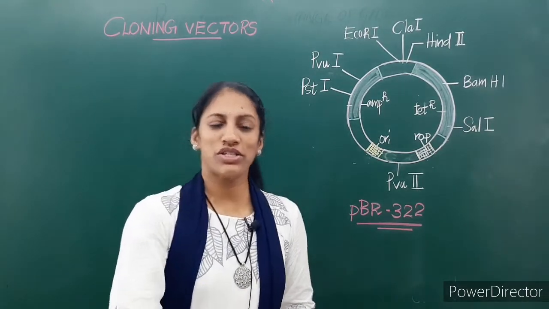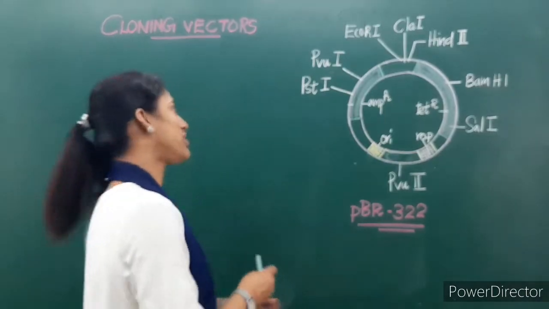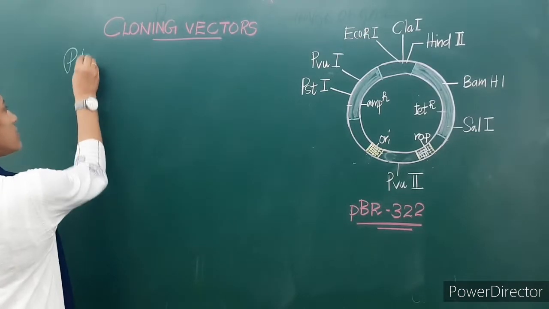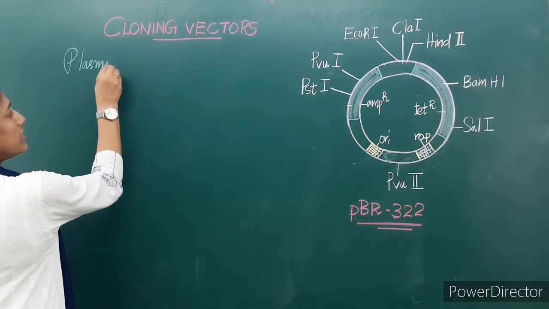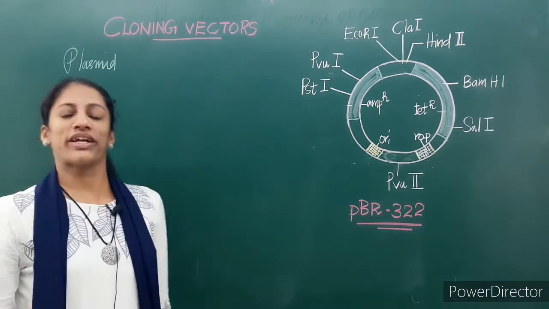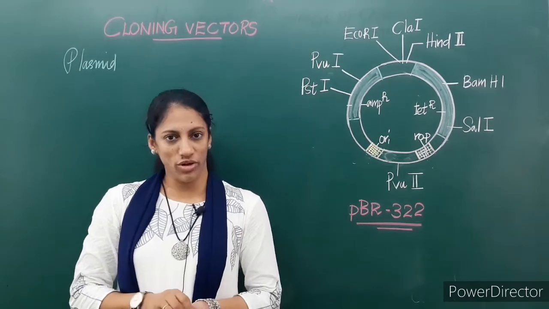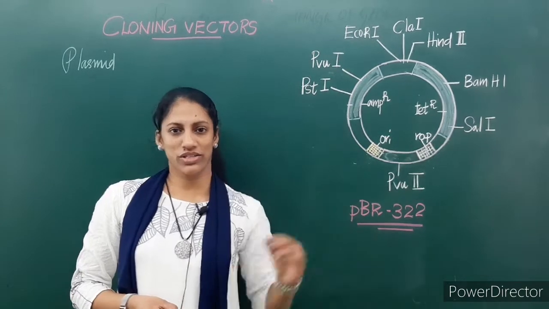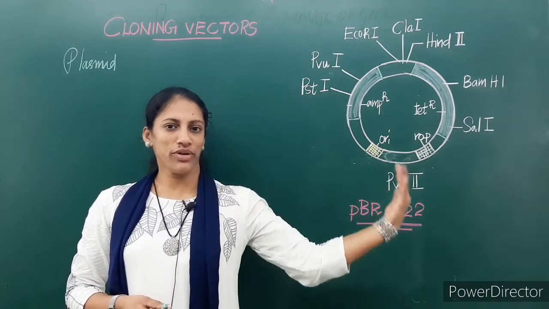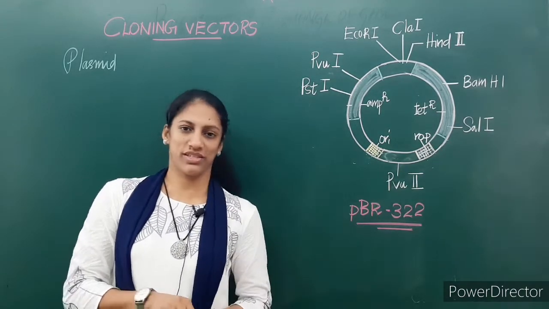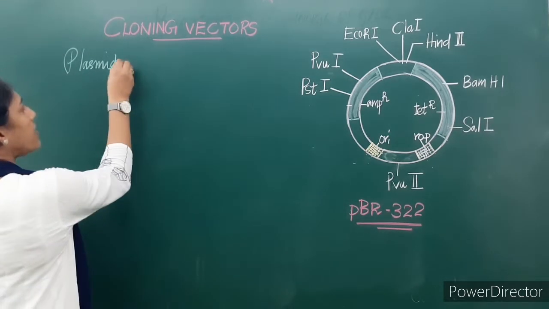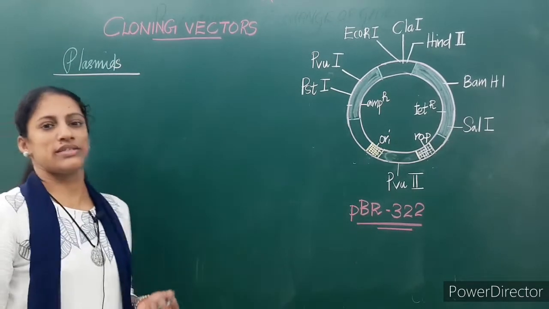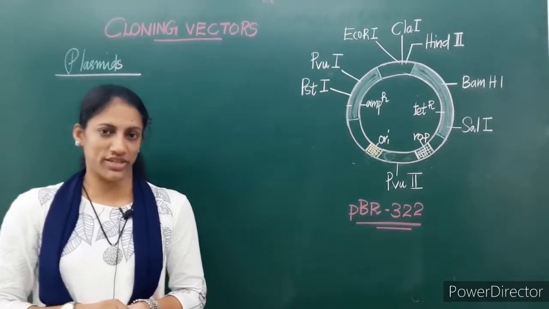The most commonly used cloning vectors are plasmids. The role of vectors in rDNA technology is to carry our desired gene to the host, to deliver the desired gene to the host. So, why are plasmids used as a successful cloning vector?